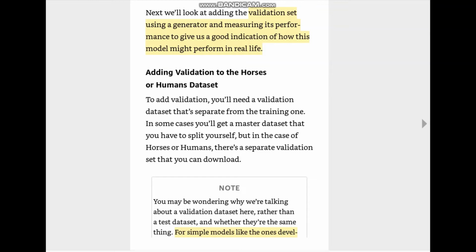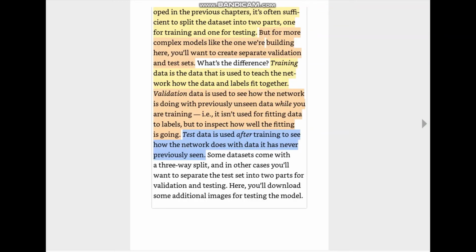So, a note: for simple models like the previous one, it's sufficient for the data set to be divided into two parts, training and testing. But we will understand why we separated this data set into validation as well as training and test sets. So understand what training data is.